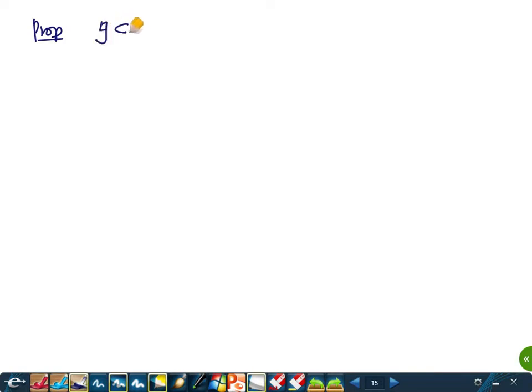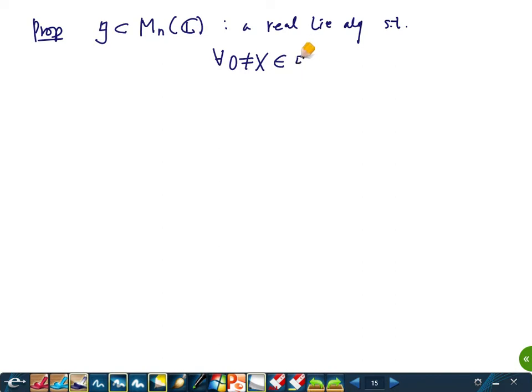Suppose that g is a Lie algebra inside the set of complex matrices. Suppose that this is a real Lie algebra such that for all non-zero x in g, ix is not in g.